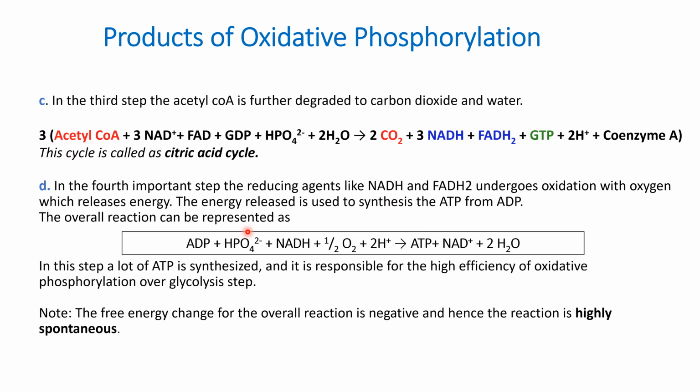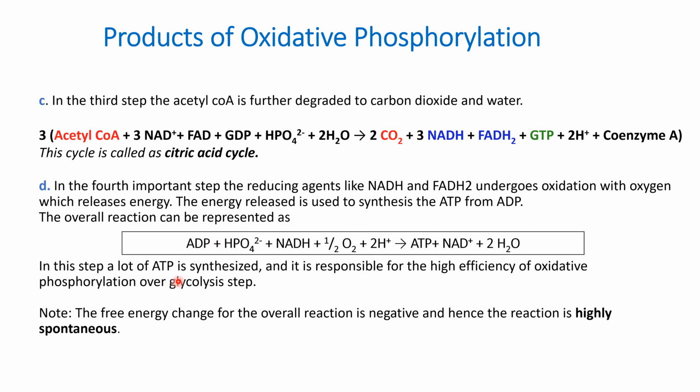The overall reaction can be represented as ADP, inorganic phosphate, biphosphate plus NADH, then there is oxygen, by the splitting of this water molecule. If you just combine this, this is a water molecule, but in its ionized and split form. So this is two protons, and there is a missing oxygen because it just cancels out. So ATP plus NAD positive plus 2 H2O.